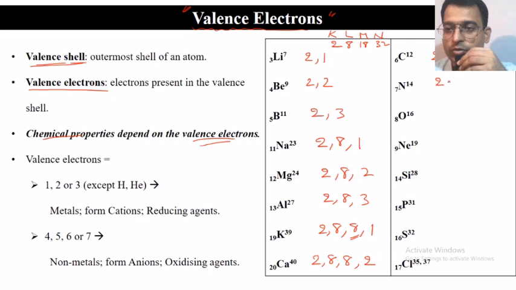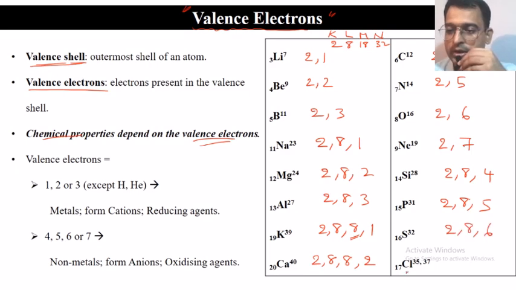Then 2, 5, 2, 6, 2, 7. For chlorine, the atomic number is 17 and the mass number can be either 35 or 37, which we will look at further in isotopes. So here it will be 2, 8, 7.